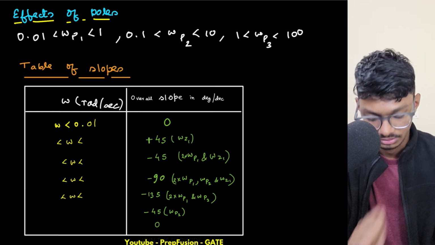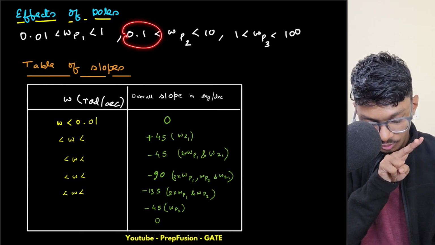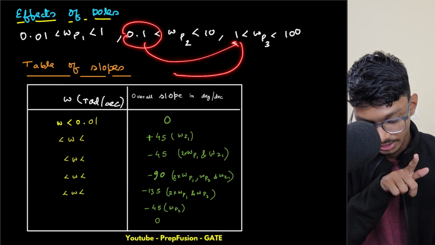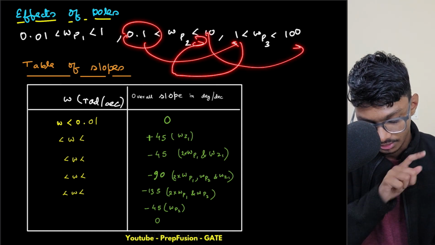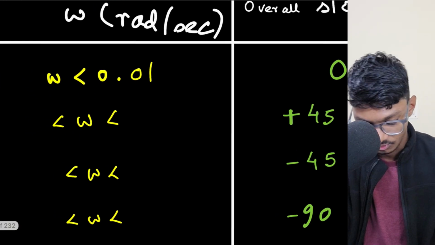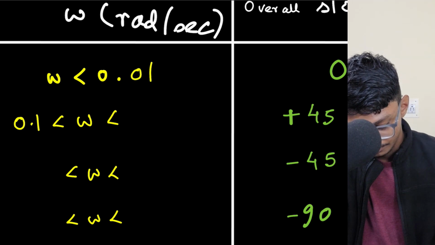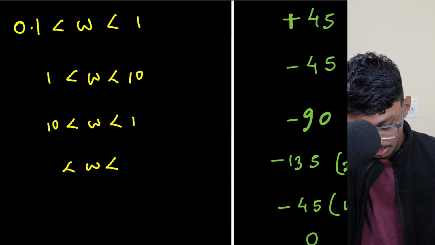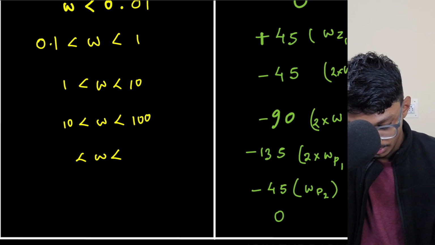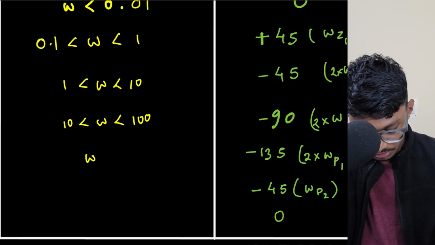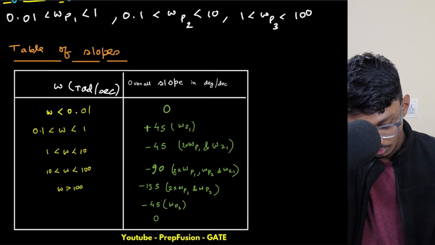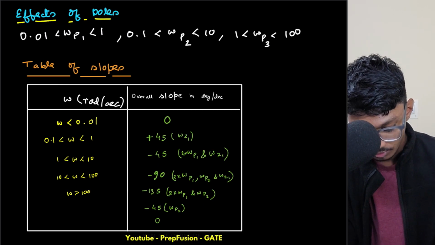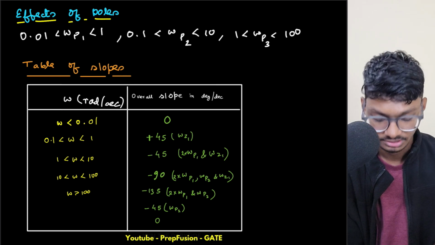The next least value is 0.1. So I'm moving every decade: 0.1, then 1, then 10, then 100. I will write the ranges accordingly. This will be 0.1, this will be 1, 1, 10, 10 and 100. The last range will be omega greater than 100. Before 0.001 nothing is there, so obviously this will be 0.